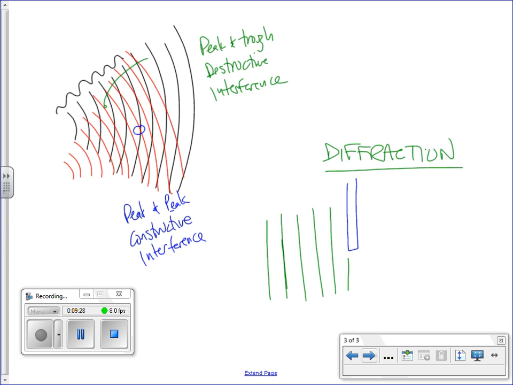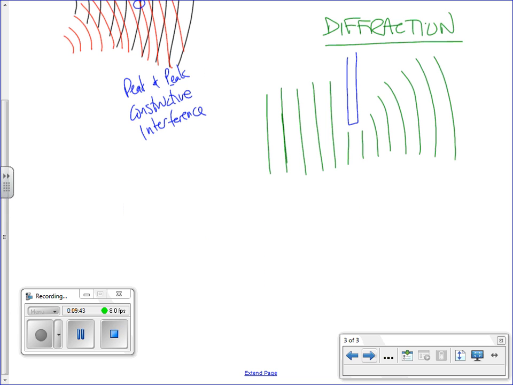You might think it only continues straight along, but what it does is it'll kind of bend around there. So waves can bend around obstacles. Any wave can also get to what we call an aperture and expand through that aperture.